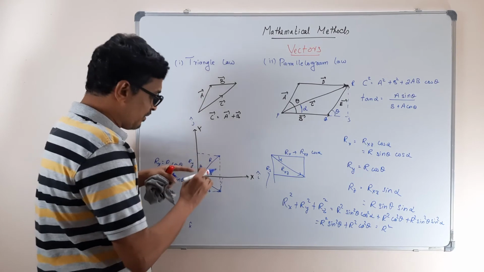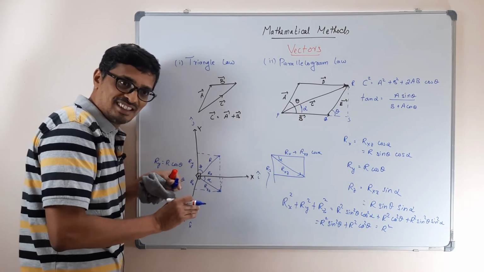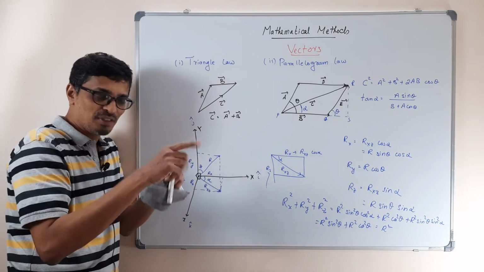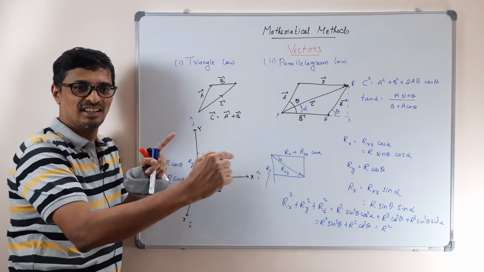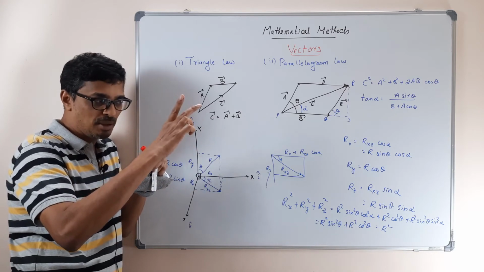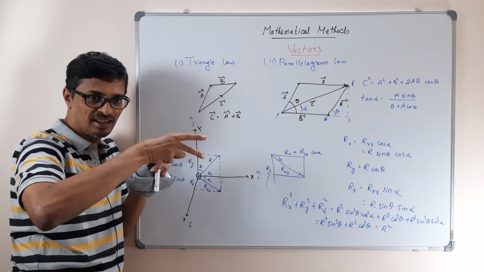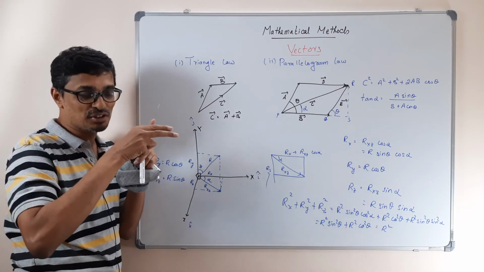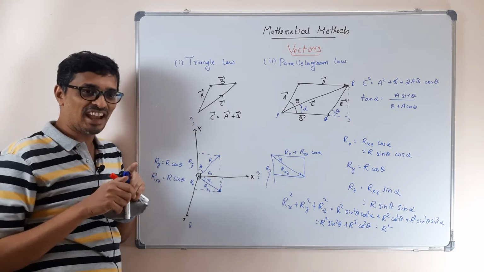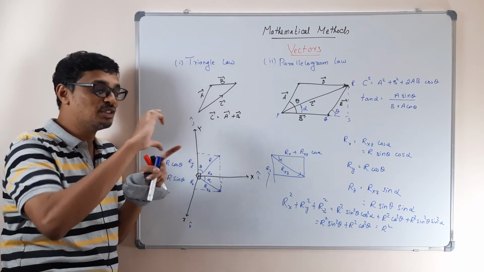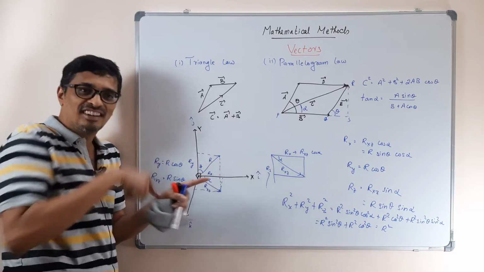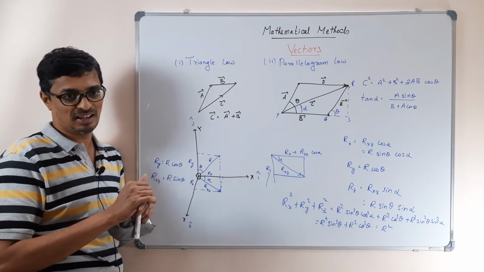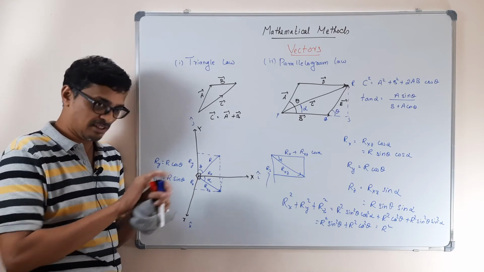Similarly, when I resolve it into three components, I am resolving every vector. If I resolve into two components, r square will be rx square plus ry square. If I resolve into three components, r square will be rx square plus ry square plus rz square. And the condition is that those axes are perpendicular to each other, which is what you call orthogonal.